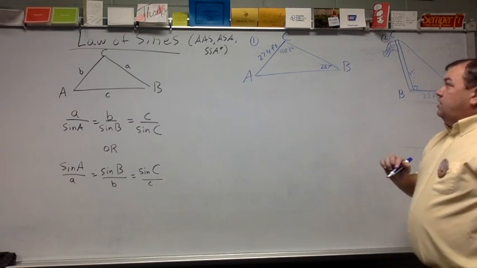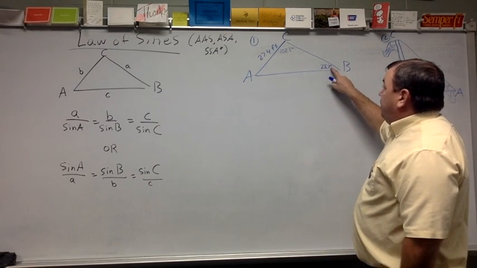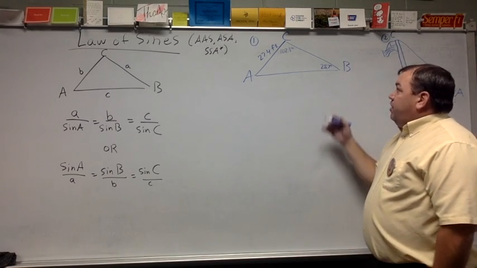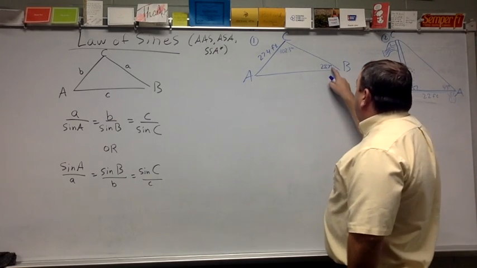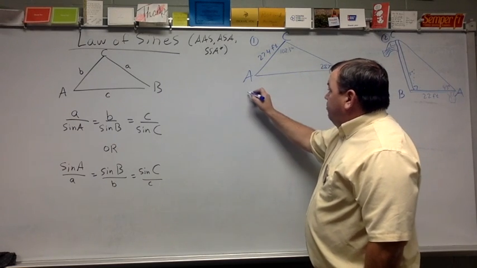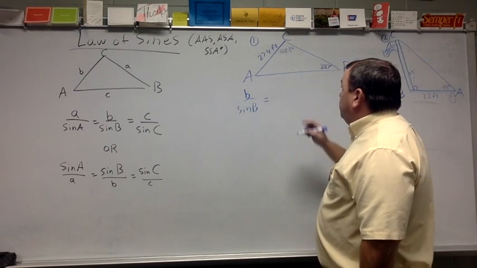So I want to take a look at an example here. I know angle C, angle B. Technically, I would also know angle A. But if I'm going to set up the law of sines, I'm going to use the one with the side that I know, because I know those two things.